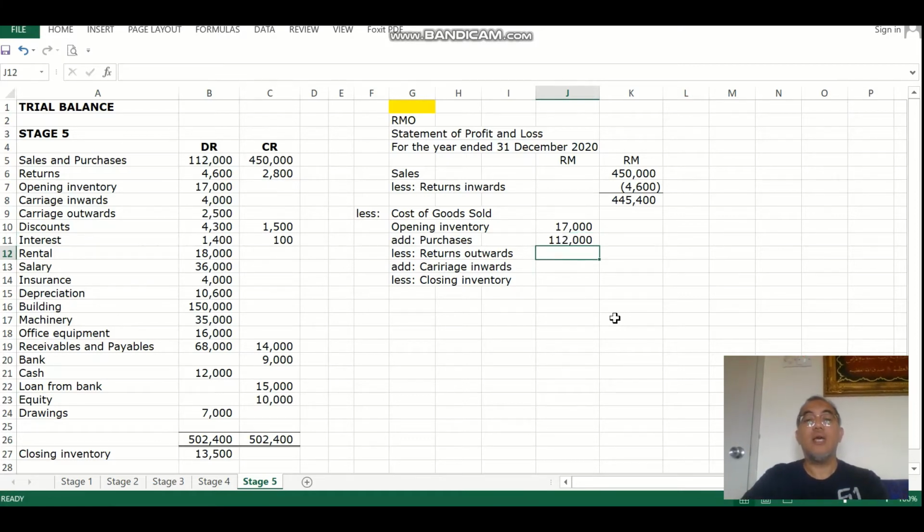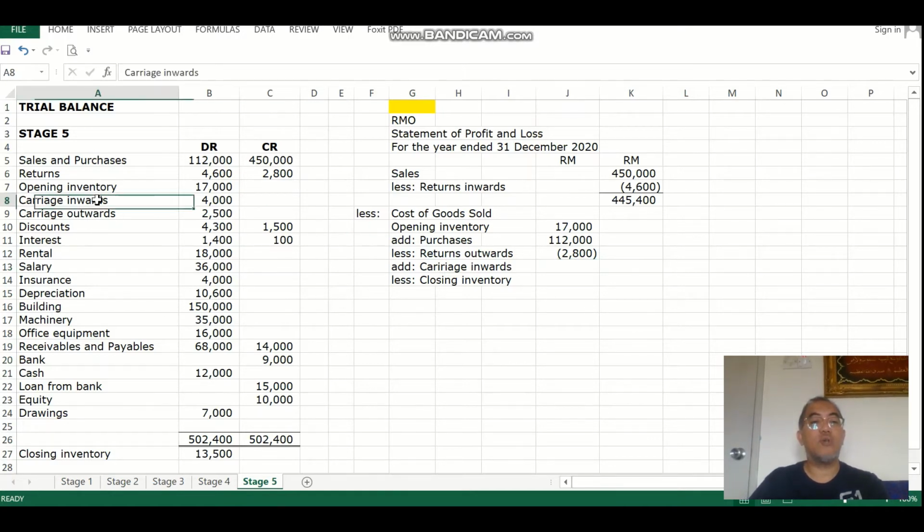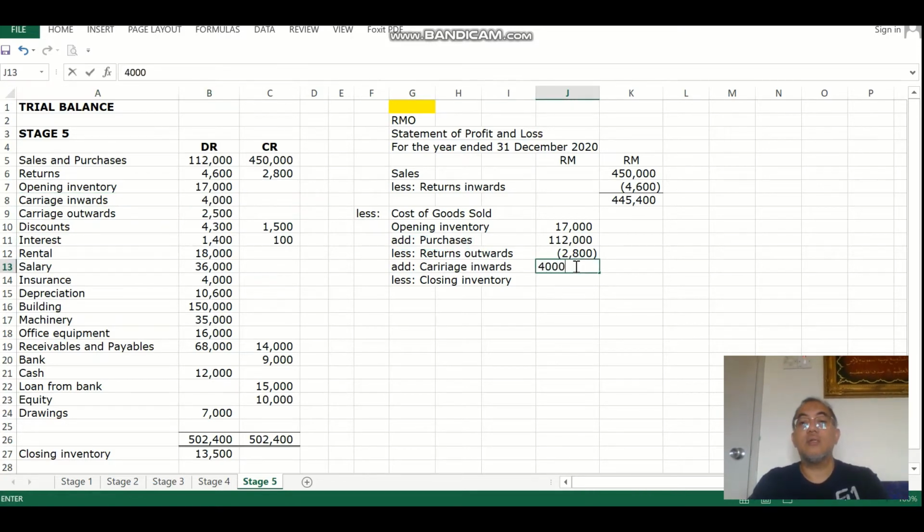Okay. Returns outwards 2008. So because it's minus, I have to put in bracket. Carriage inwards is this one, 4,000. And lastly, our closing inventory, this one, 13,500. We need to minus the closing inventory.